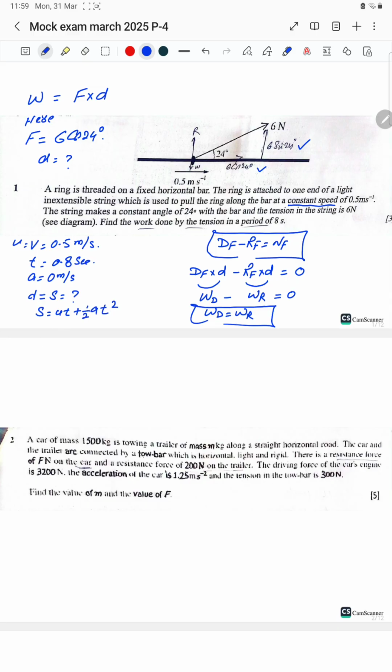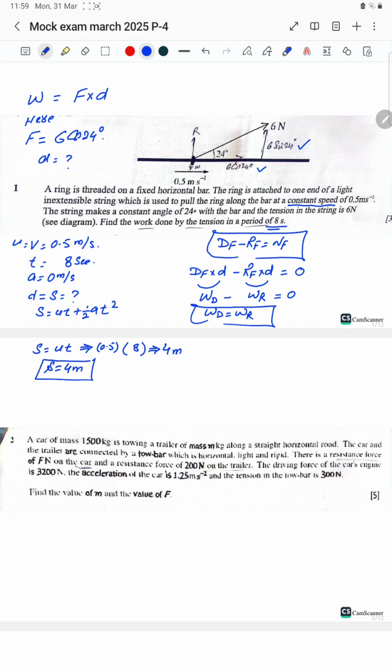As a is 0, S becomes ut, and that is 0.5 times t, which is 8. Sorry, it's 8 here, not 0.8. So 0.5 times 8, S will be 4 meter. So S is 4 meter.